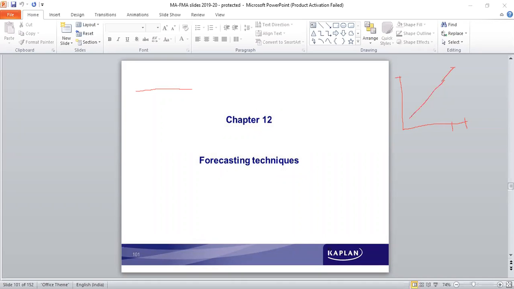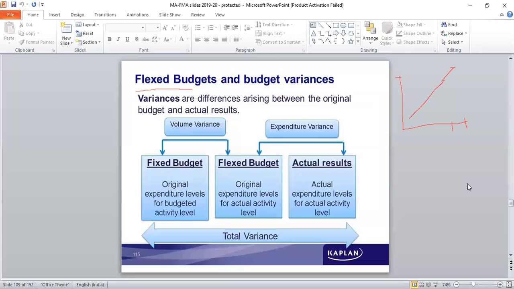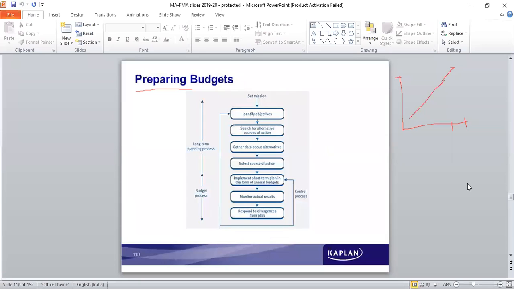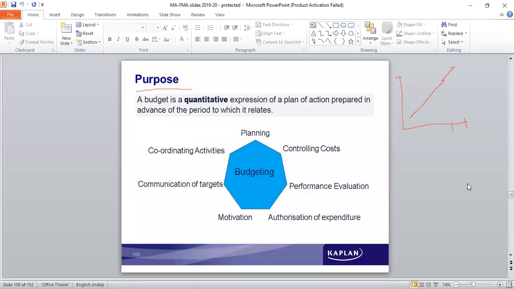There are no questions in the exam kit. Okay. I didn't find questions in the examination kit on forecasting techniques. I will once again look into that and then explain to you how we work it out.